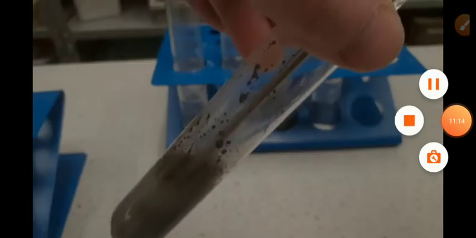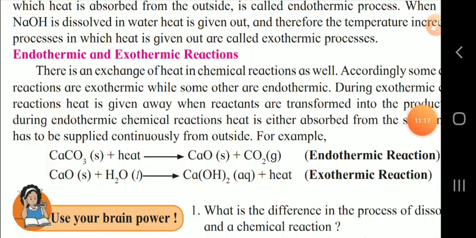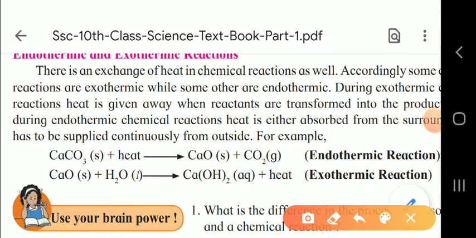Again, we have to see the temperature. Let us see these reactions.